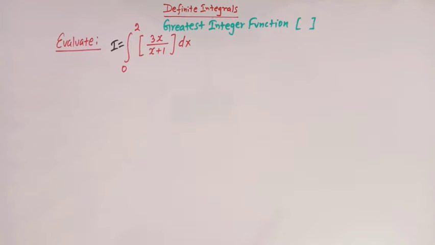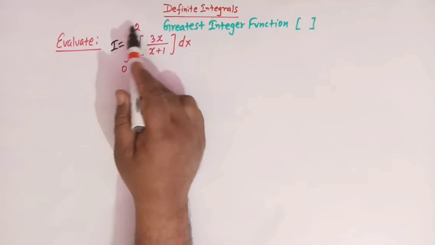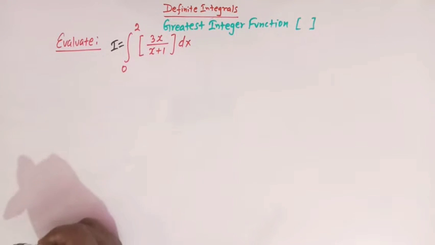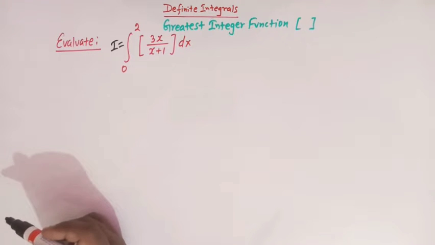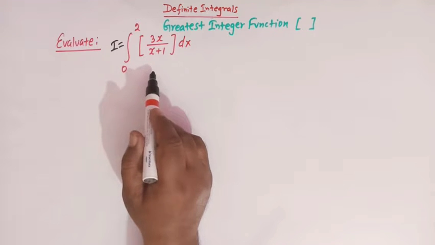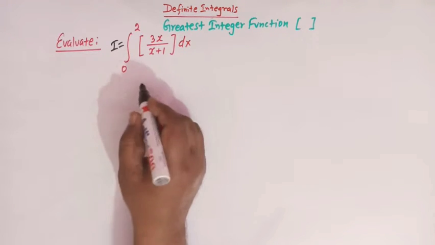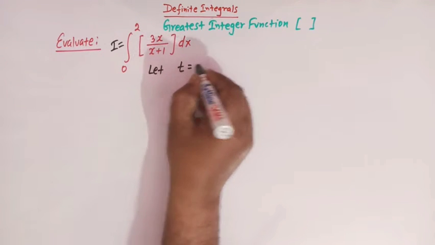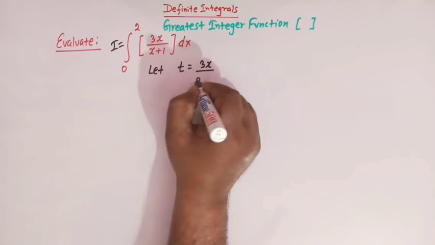Now, in order to solve this important integral, we have to make use of the method of substitution. And viewers, the method of substitution is a powerful method to solve integration. So what we will do is take t equal to 3x over x plus 1.